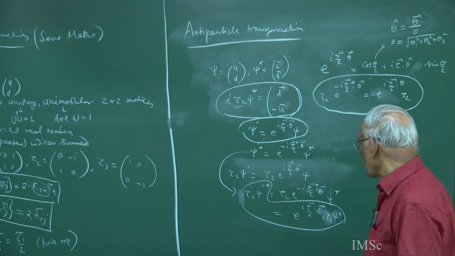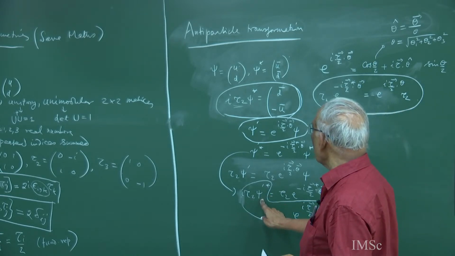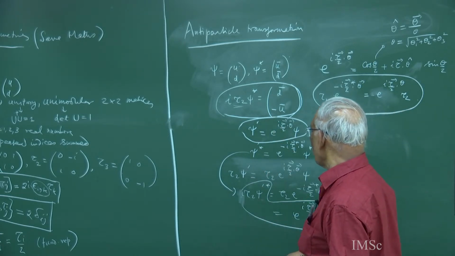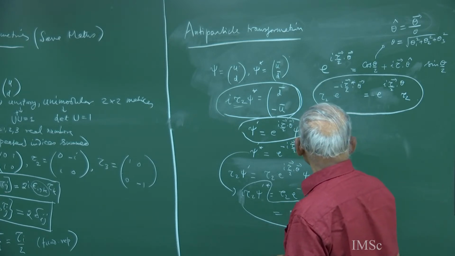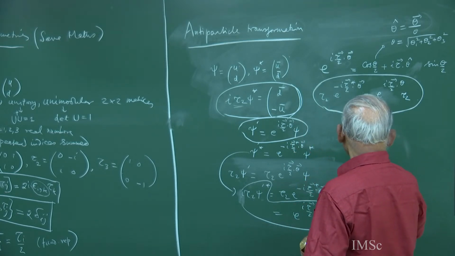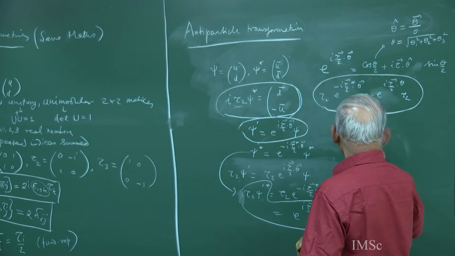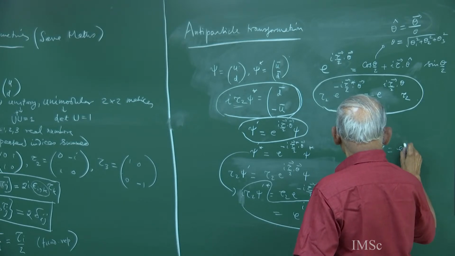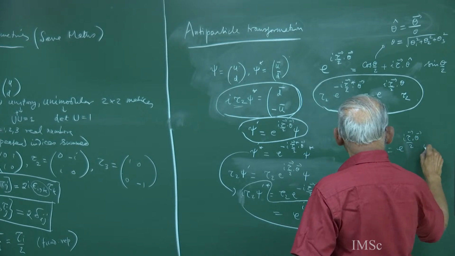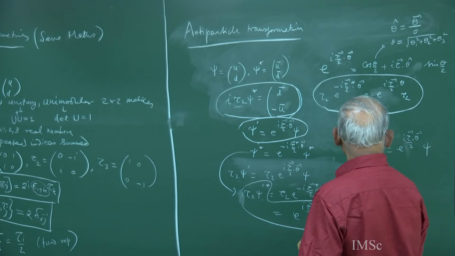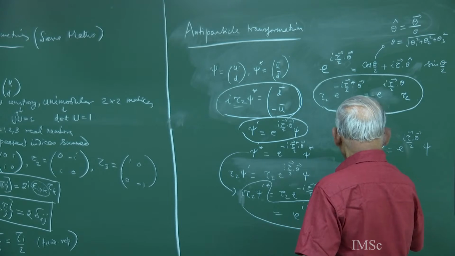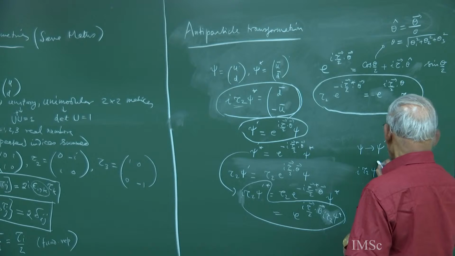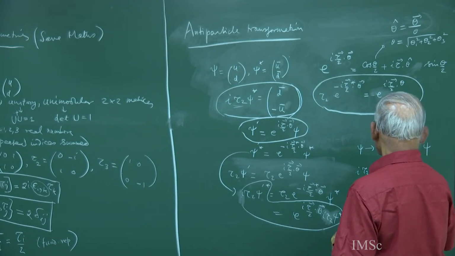I want to prove that this I tau 2 psi prime star has the correct transformation property, namely psi goes to psi prime, which is equal to U psi, which is this. If it does like that, then I tau 2 psi star has the correct transformation property.